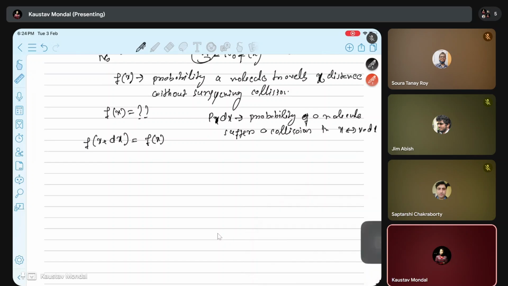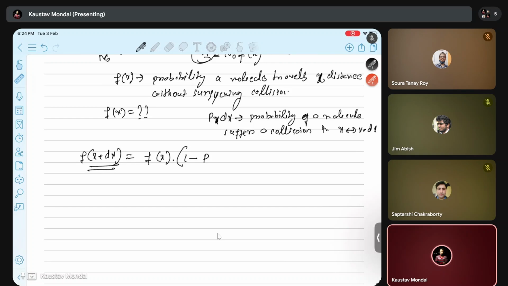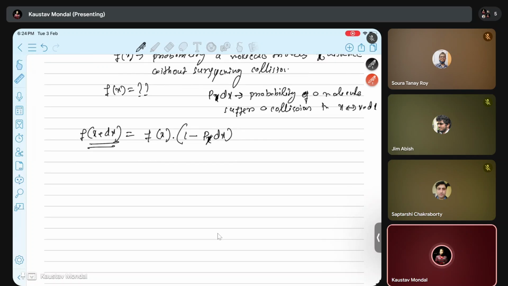So f(x+dx) is the probability of a molecule that doesn't suffer a collision between x and x plus dx. That would be the multiplication of f(x) into 1 minus P(x)dx. This is basically the joint probability.